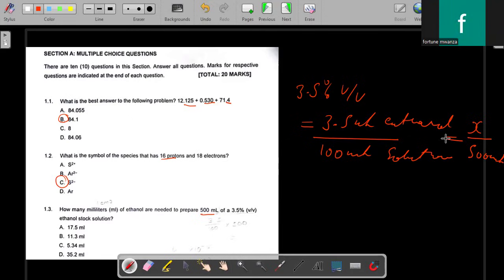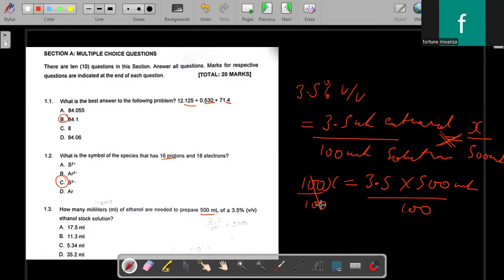So you can now solve this equation by cross multiplying. You have 100 times x, giving 100x, is equal to 3.5 times 500 milliliters. Here I can simply divide both sides by 100.